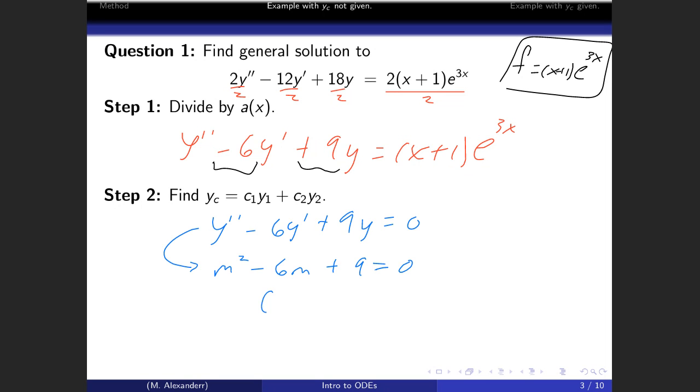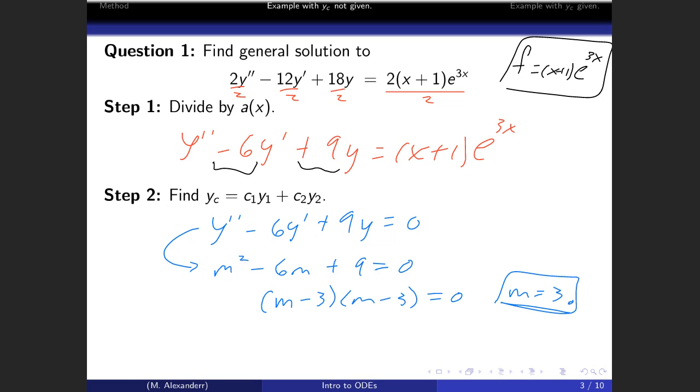You get your 2 factors, which in this case you can factor with this m minus 3 and m minus 3, repeated twice. And so your factors are m is equal to 3, and then it's repeated twice. Okay, so I just write it down once. And so what does that mean about your complementary solution?